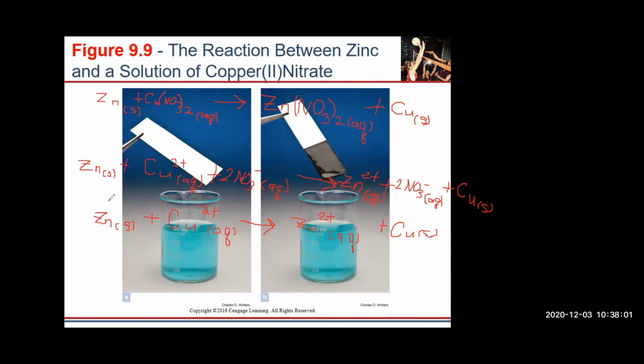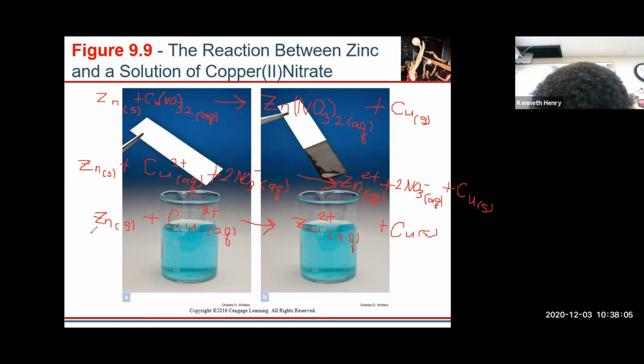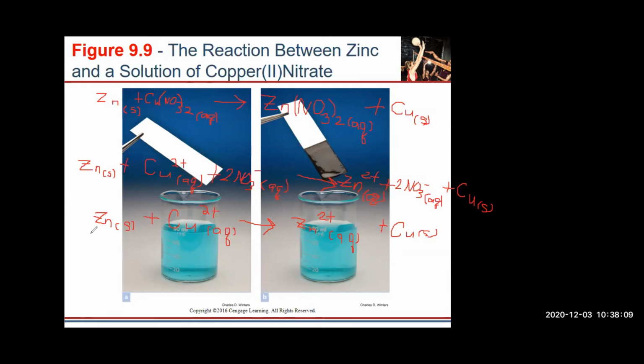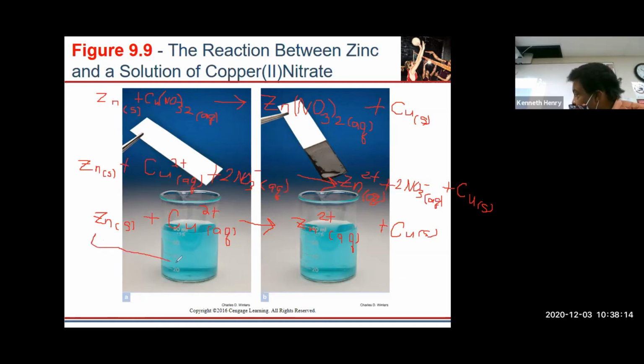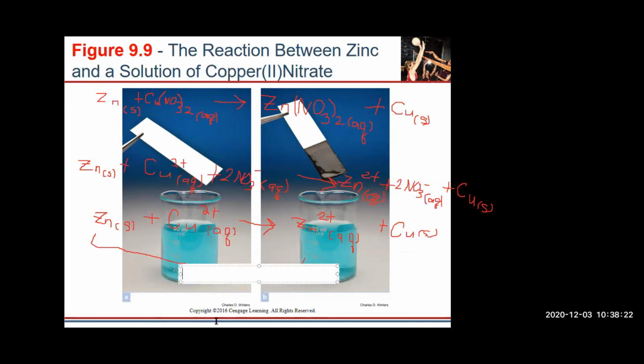Would it be zinc? Zinc is being oxidized or reduced? Oxidized. Since we're going from 0 to a +2, that would be oxidation. And then the other one is reduction.